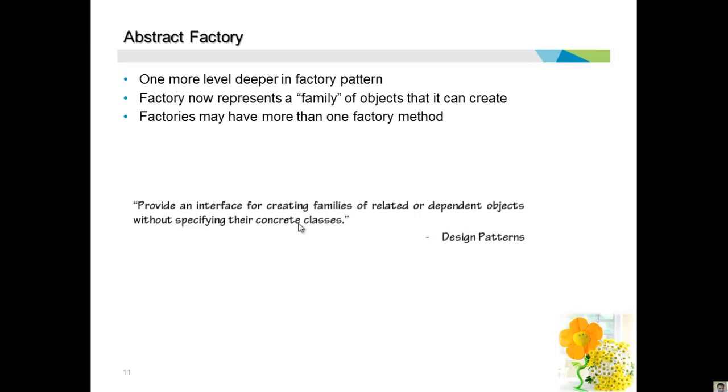And if you look at the definition given by the Gang of Four in their design patterns book, abstract factory means provide an interface for creating families of related or dependent objects without specifying their concrete classes. Maybe it's a little difficult to understand by reading the sentence, but I'm sure you would understand if I show you the code.